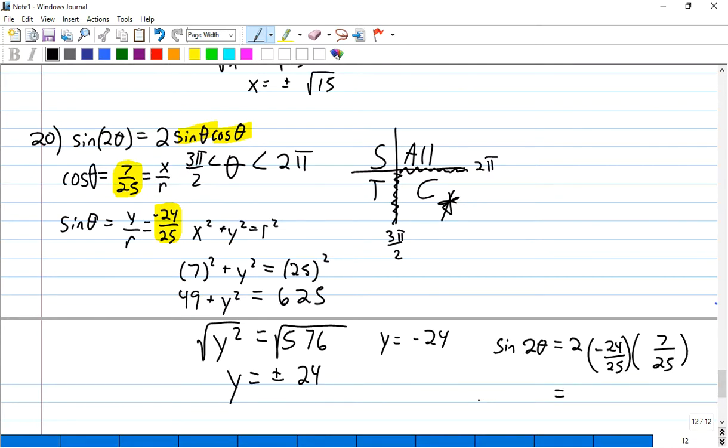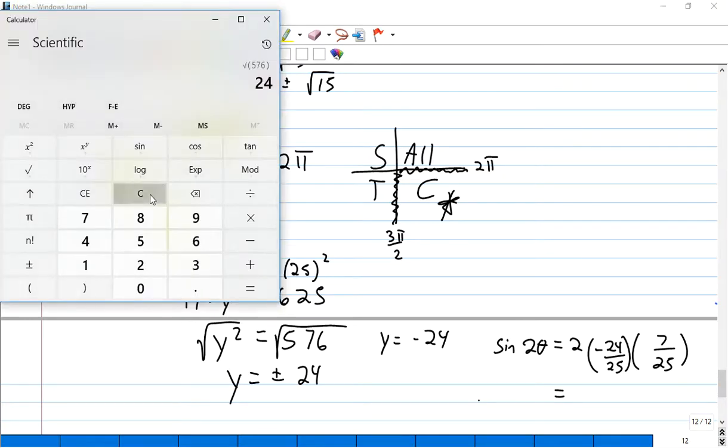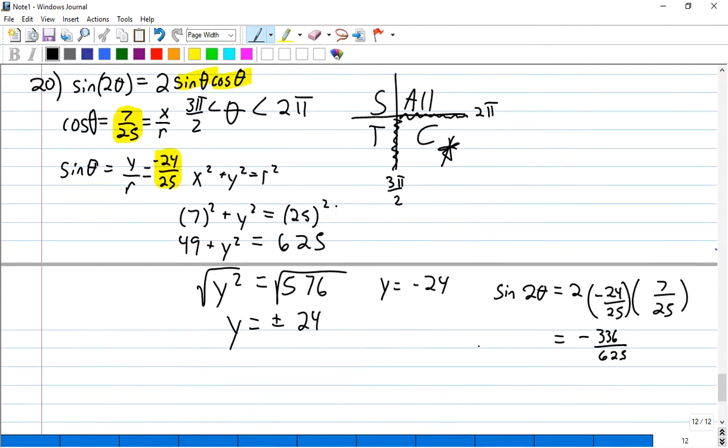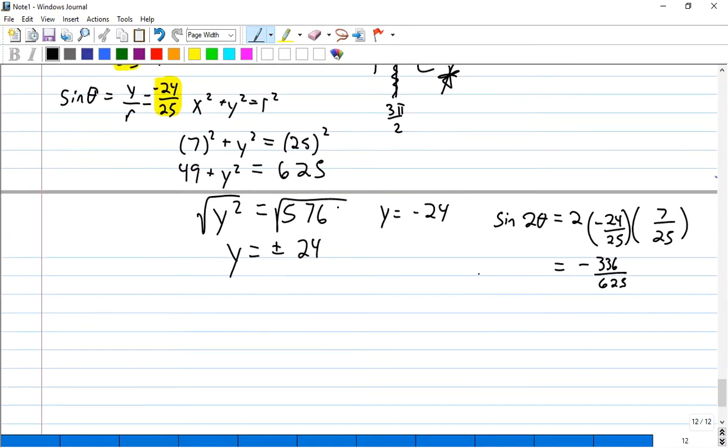So let's see what that'll be. I know what the denominator will be. 25 times 25 is 625, but 2 times negative 24 times 7, negative 336. So it's negative 336 over 625. All right.